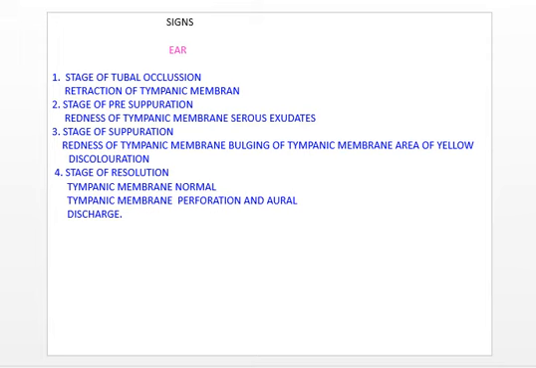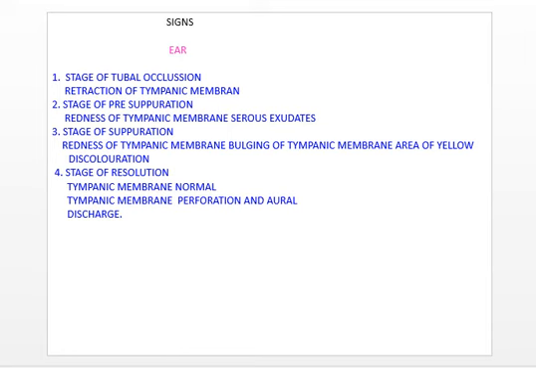And this goes on increasing in quantity. Ultimately, when the pus is formed, the patient will have moderately severe to severe pain and definite clear-cut conductive deafness and pain in the ear.